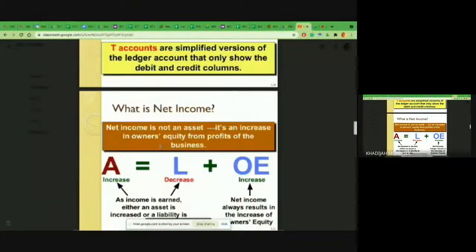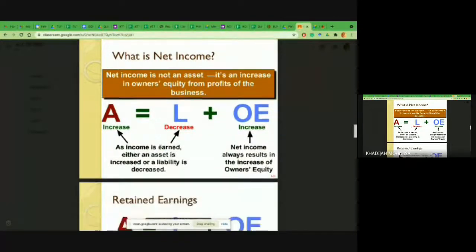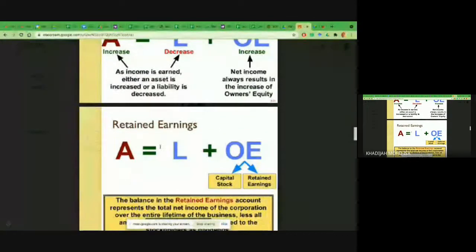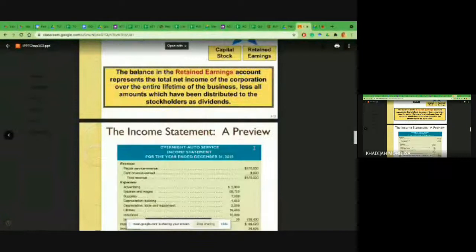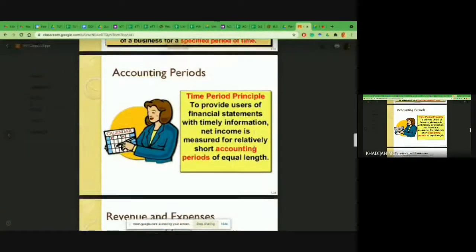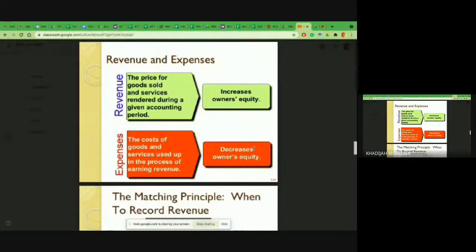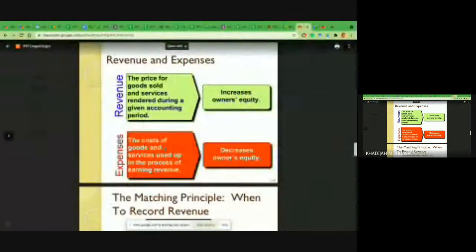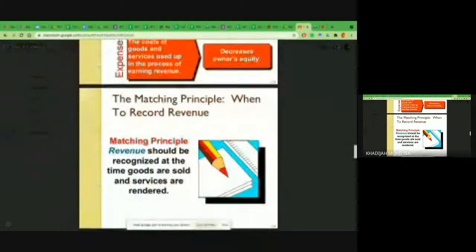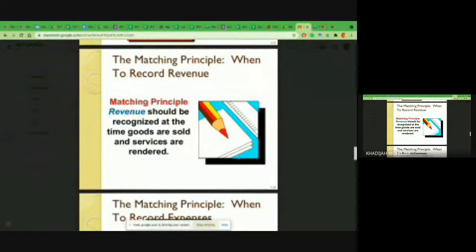Net income goes into retained earnings. Just now I talked about capital stock and your retained earnings. Then in the accounting period, revenue increases your owner's equity and expenses decrease your owner's equity. When we talk about revenue, there must be a matching principle. When would you record your revenue? If it's a service, when you perform the services; when you sell goods, when the sale of goods takes place.